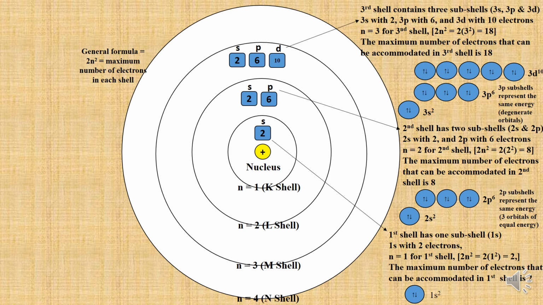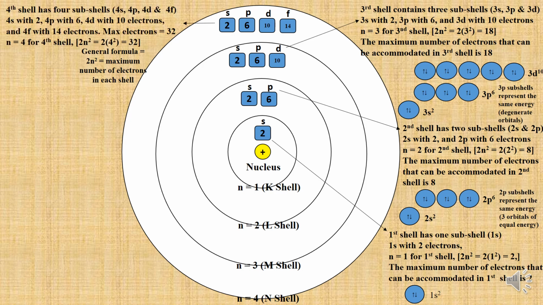This is followed by the fourth shell, or the fourth energy level, also known as the N shell. It has 2 electrons in the s orbital, 6 electrons in the p orbital, 10 electrons in the d orbital, and 14 electrons in the f orbital.